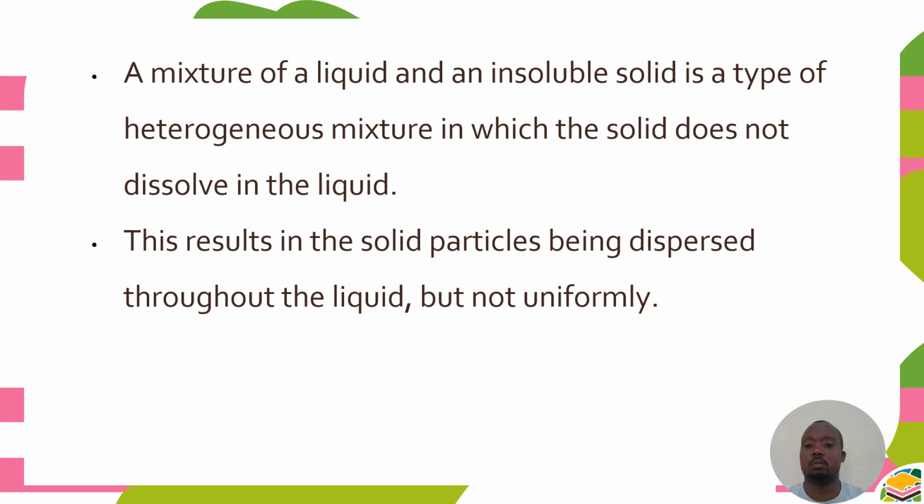Yes, the solid particles will be dispersed throughout the liquid. However, this is not uniform. No wonder it is a heterogeneous mixture, because you are able to tell that this is the liquid and this is the solid, even if they are mixed. So please take note of that.